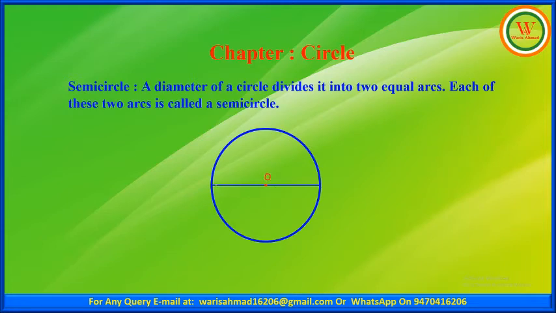This chord is dividing the whole circle into two equal arcs. The first arc is here from here to here, and the second arc is here. Each of these two arcs are termed as semicircle.